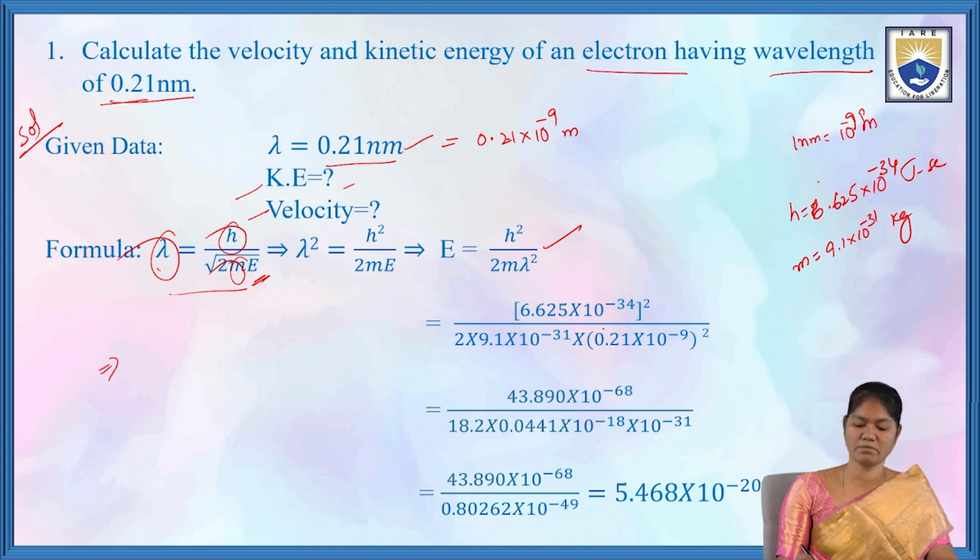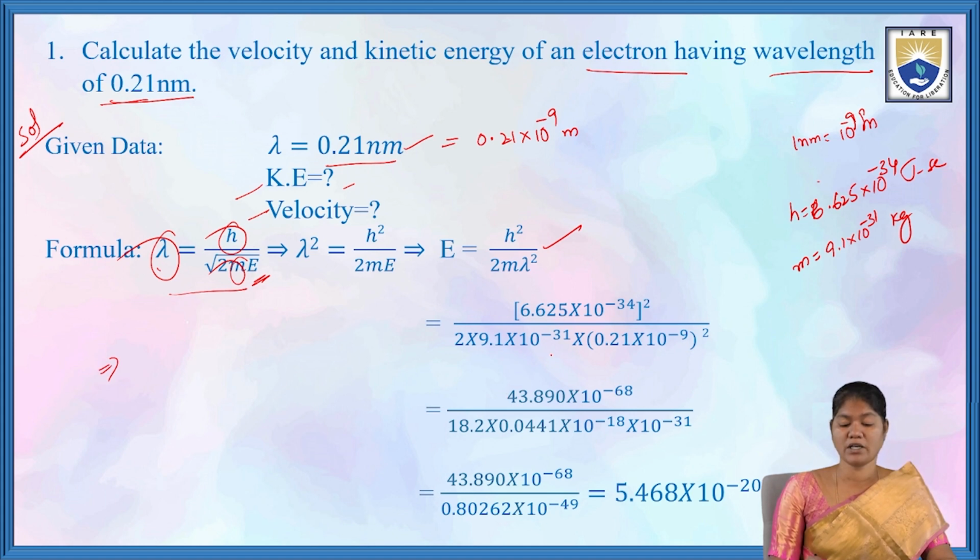So h square means 6.625 into 10 power minus 34 whole square, divided by 2 into 9.1 into 10 power minus 31 into 0.21 into 10 power minus 9 whole square.